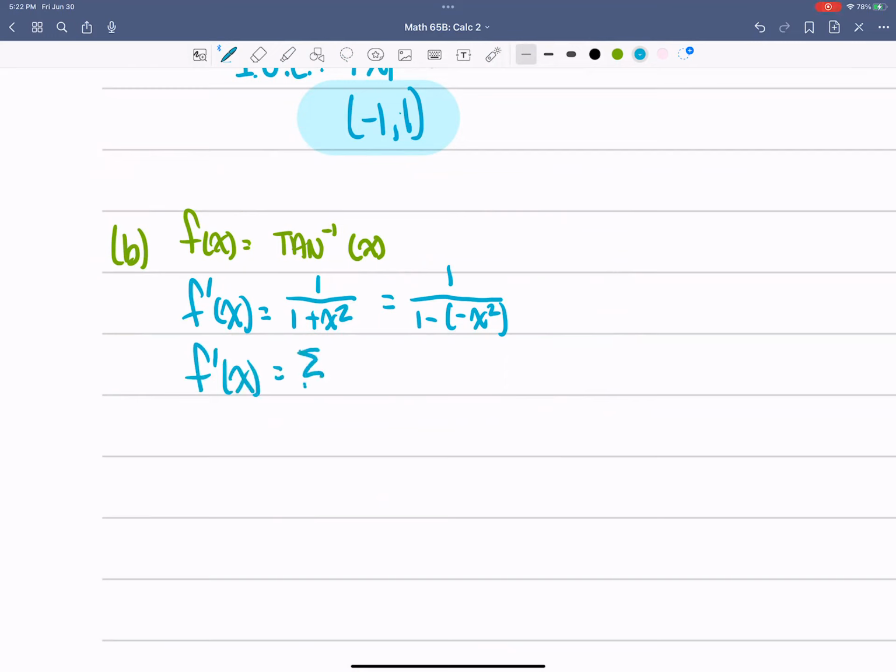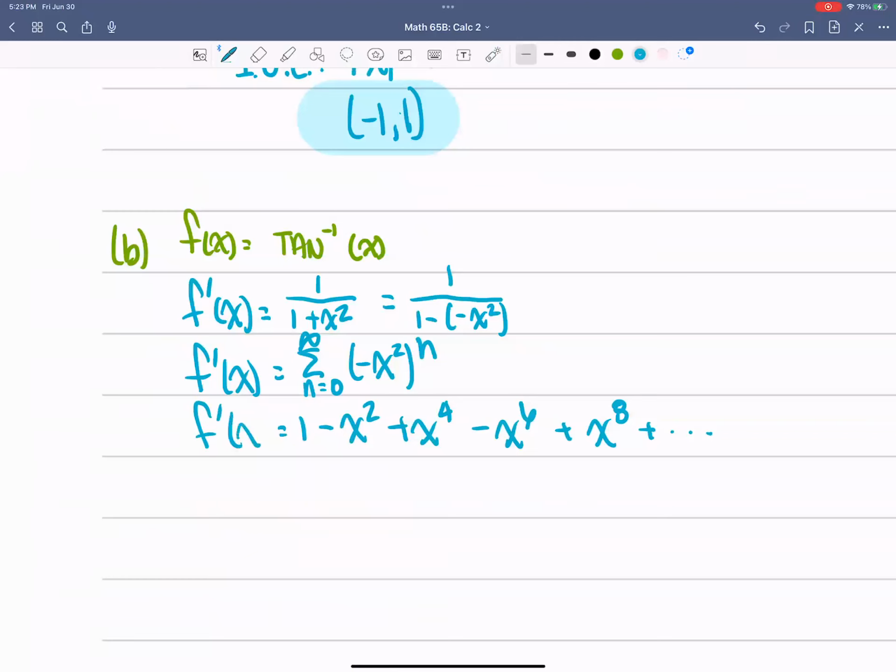The sum, as n goes from 0 to infinity, of negative x squared to the power n, which ends up being 1 when n is 0, plus when n is 1, we have a negative x squared, plus x to the power 4 minus x to the power 6, plus x to the power 8, plus dot, dot, dot. And that's f prime of x.